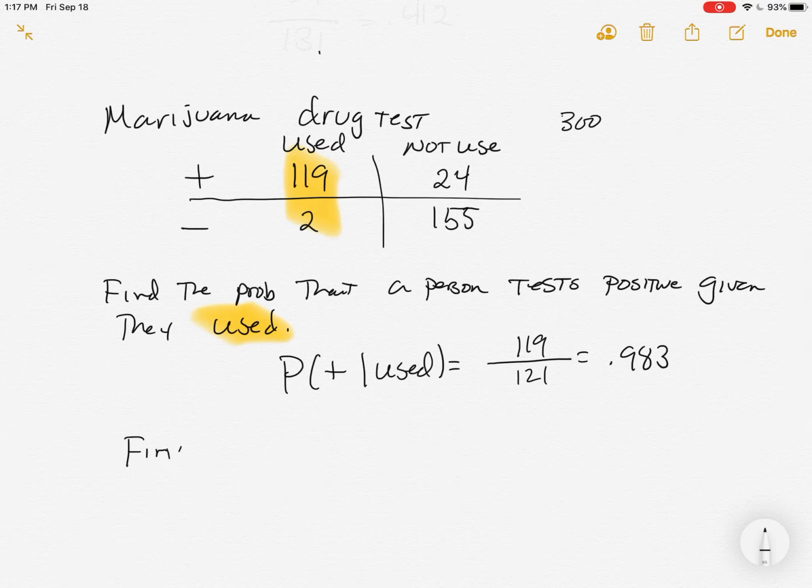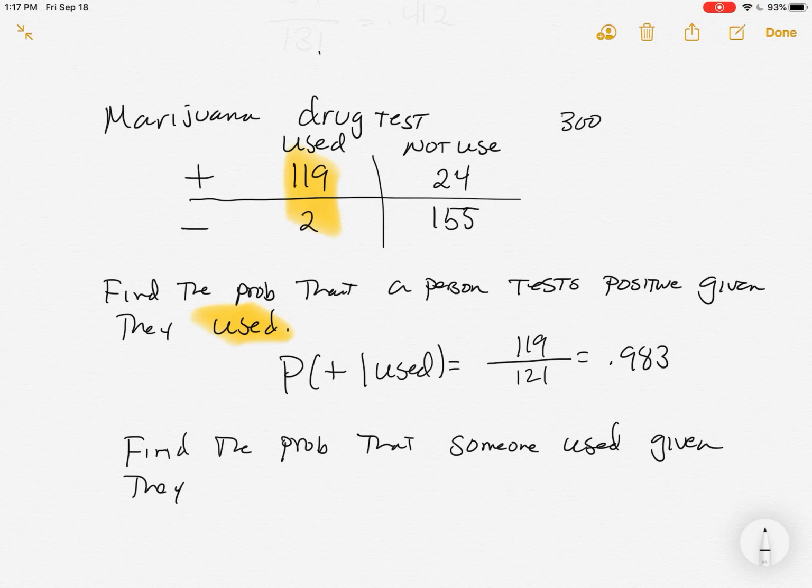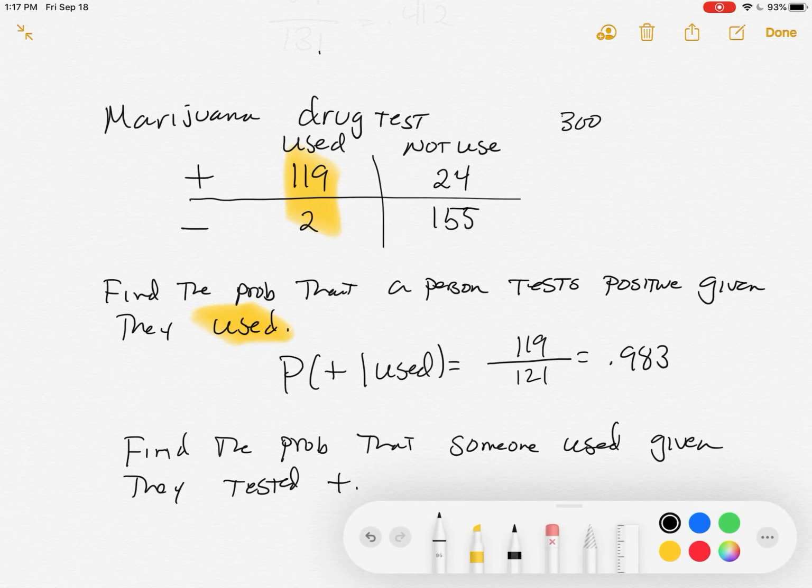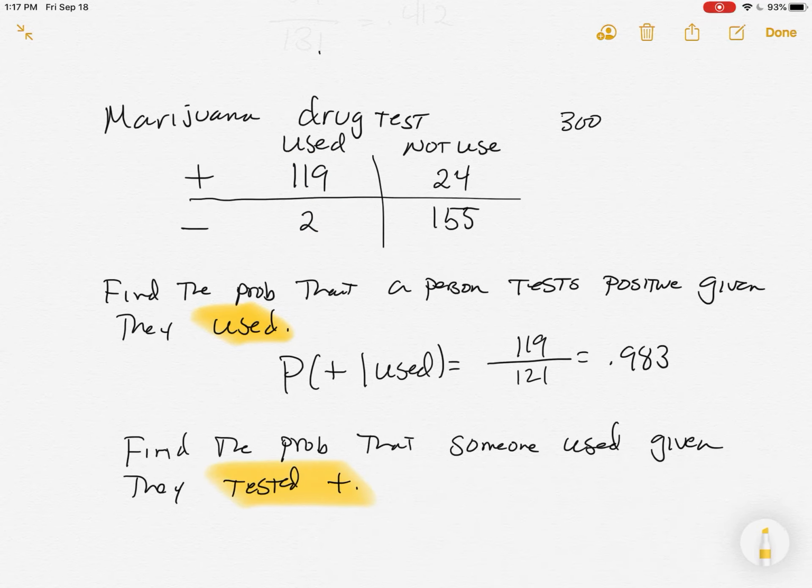What if we found the probability that someone used given they tested positive? So you could look at it from that side. You could say, well, if it tests positive, I want to make sure that they used. I want to have a degree of confidence in that. Well, what are we given this time? We're given that they tested positive.